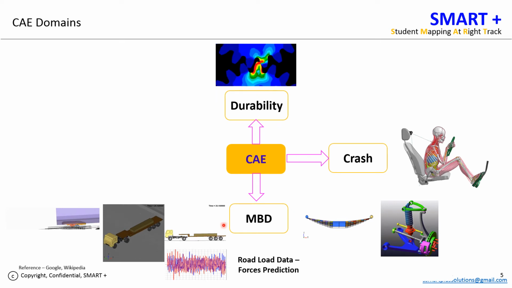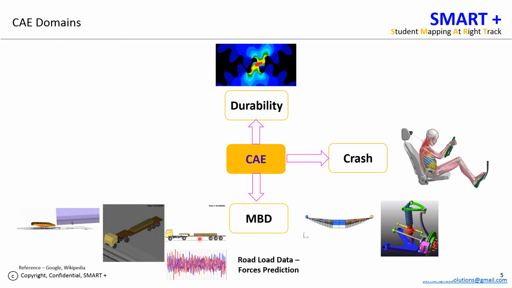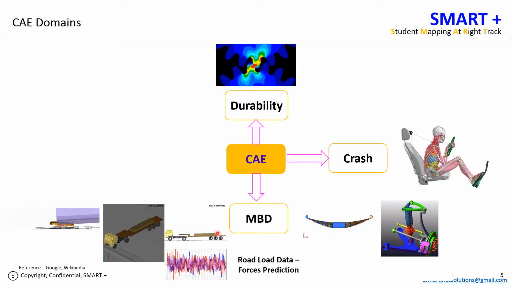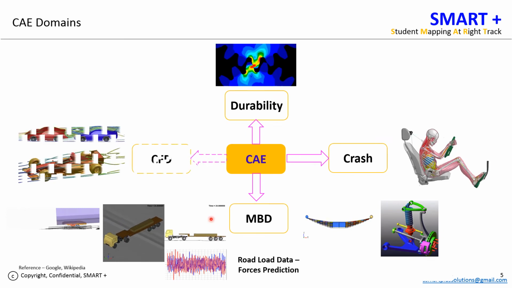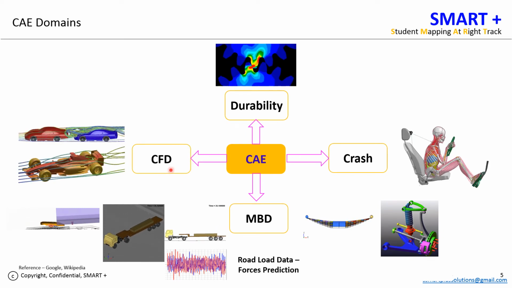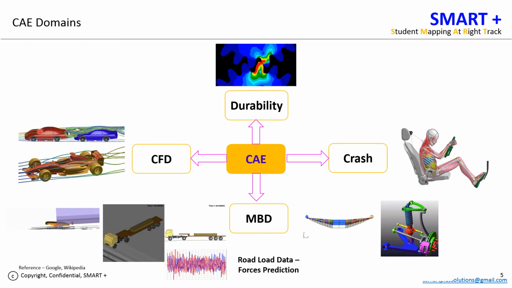The third one is the multi-body dynamics domain (MBD), in which the vehicle model is built considering the different suspensions, and loads on components are extracted against the input excitations. Another domain is computational fluid dynamics, that is CFD, in which the aerodynamic force and its effects on the different components of the vehicle are studied.